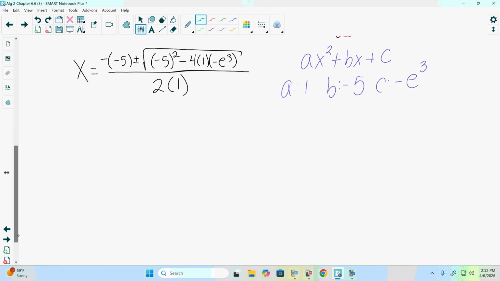So once we finish plugging everything in, we get negative 5 plus or minus the square root of negative 5 squared minus 4 times 1 times negative e to the third, all over 2 times 1.